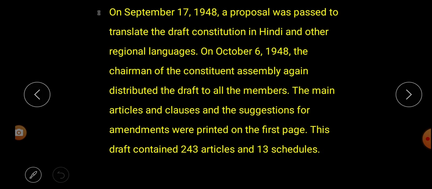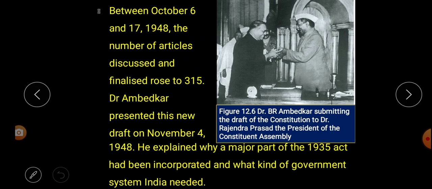Before, how much was it? 243, but after discussion how much did it become? 315 articles. Dr. Ambedkar presented this new draft on November 4, 1948. So this new draft, this finalized one, was presented by whom? Dr. Bhimrao Ambedkar. When? On November 4, 1948.